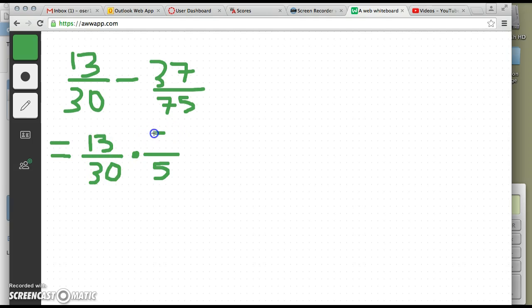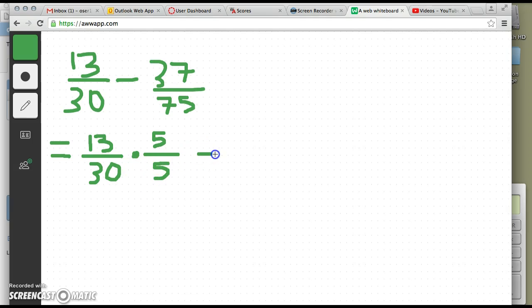To create a number 1, you just take any number and divide it by itself. So when we take 13 over 30 and multiply it by 5 over 5, aka 1, we are not going to change the value of the fraction, but we are going to change the way that it looks.